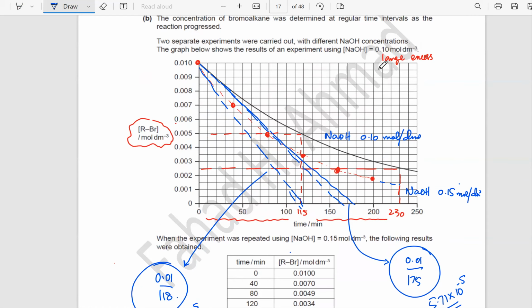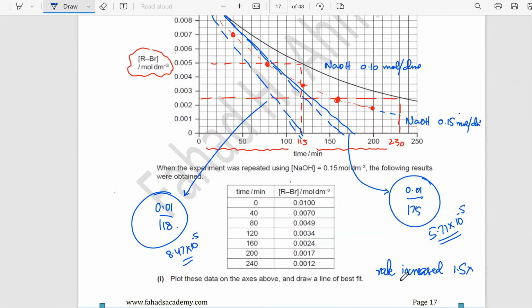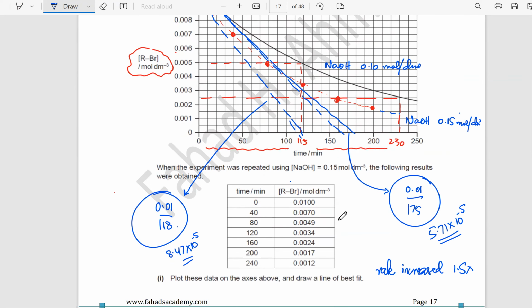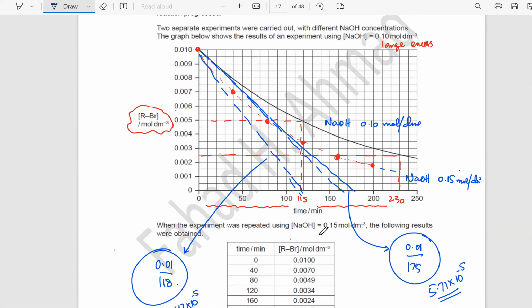So remember in this question, जो पहला part था RBR का, because he had sketched the whole, I mean, how RBR changes throughout the reaction. So you could figure out the half-life and you can figure out the order with respect to RBR. For NaOH, he did a second experiment in which उसकी concentration थोड़ी सी he had increased it. So he asked you to plot or sketch the second graph.